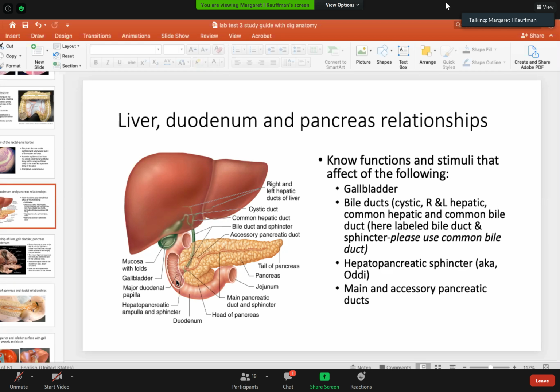So if you have protein and fat in your diet, you're going to get maximal amounts of these arriving. Now, there are some other effects of these hormones that we'll talk about in lecture, but sometimes I will point at the sphincter and say, give me a signal that would cause that sphincter to relax and open, and then you're looking for CCK in that case.